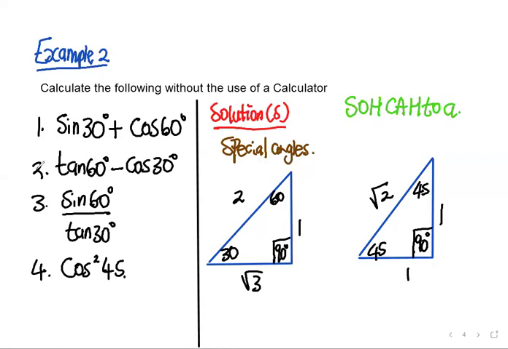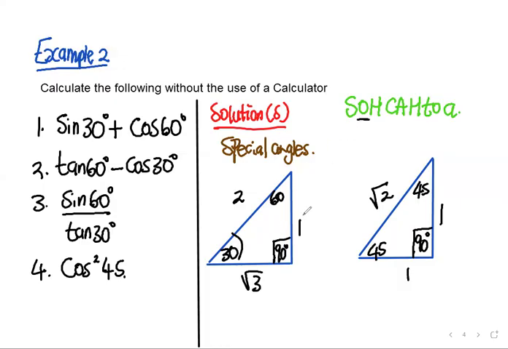So that will be sine 30 degrees plus cos 60 degrees. We're going to say sine 30, and since I'm using 30, I go to the special angle for 30 and then apply sine. Sine, remember, is opposite over hypotenuse.